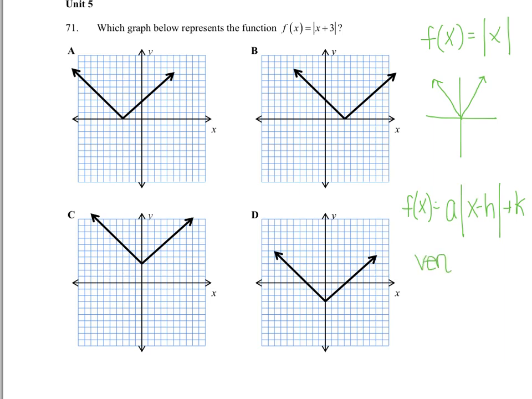Our vertex is going to be (h, k), and so our vertex, when we have plus 3, is going to be (-3, 0). We have no vertical translation because k is 0, and because it's inside, it's the opposite. So our graph is going to be A, where the vertex is at (-3, 0).